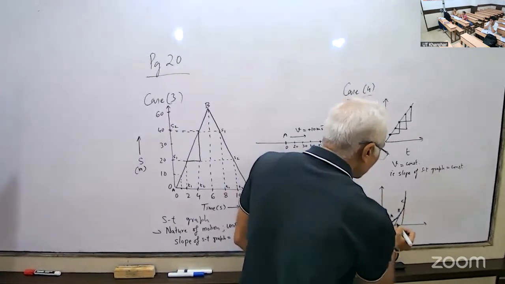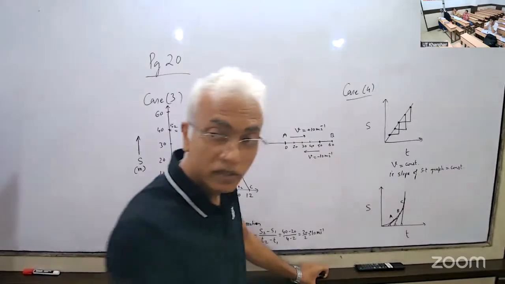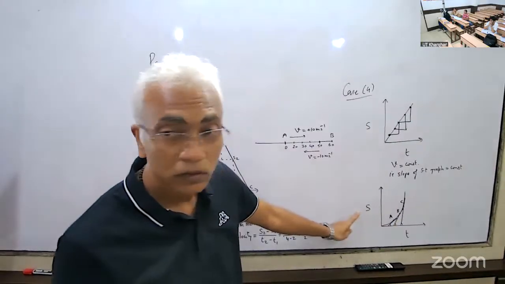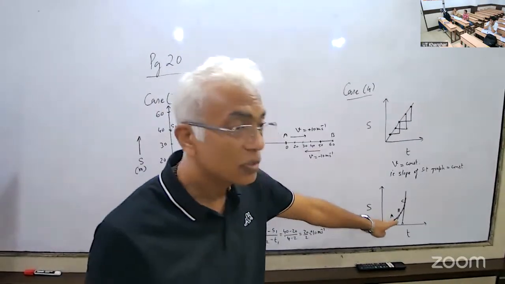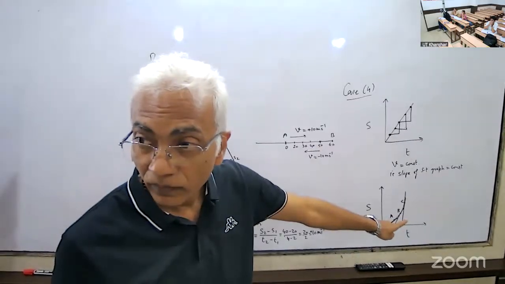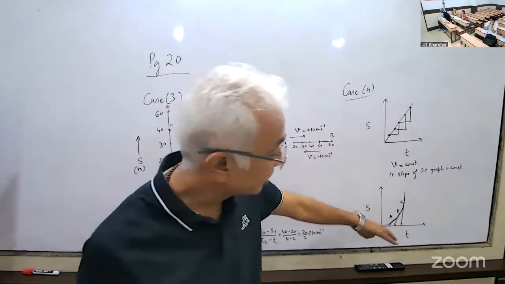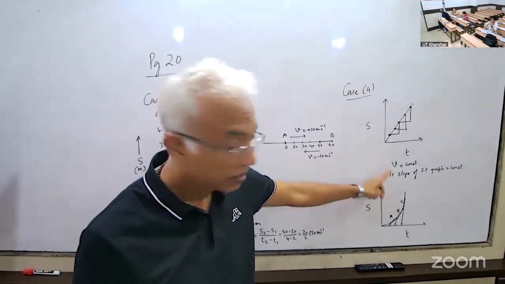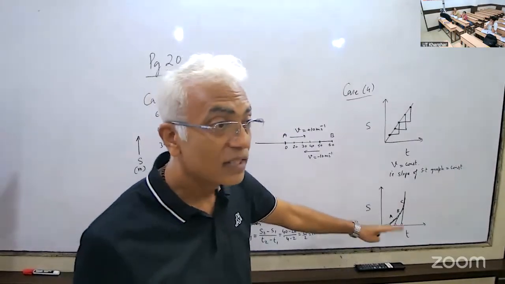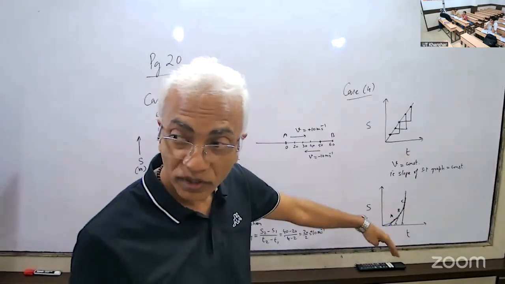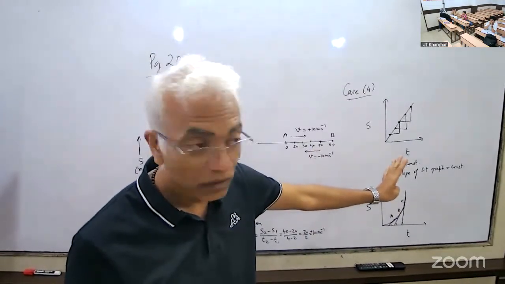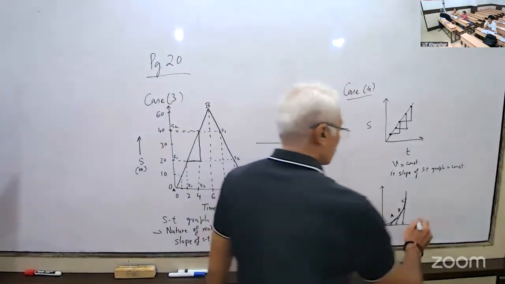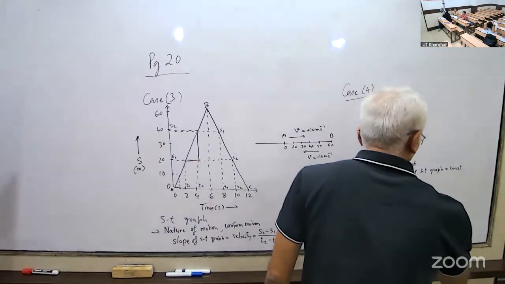You see everywhere the slope is increasing, the angle is increasing. So whenever you have a curve, it is not a constant slope. Slope is changing everywhere. That means velocity is changing. Slope indicates velocity. If velocity is changing, then it is accelerated motion. Is it uniform motion? No. So it is non-uniform.